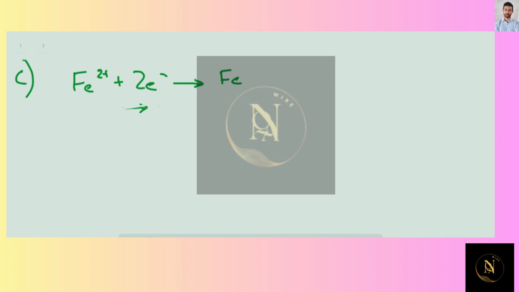Let's go ahead and write it as reduction because that's how it's written in the book. So we have iron 3 plus 1 electron makes iron 2. And this value here is negative 0.44 volts.